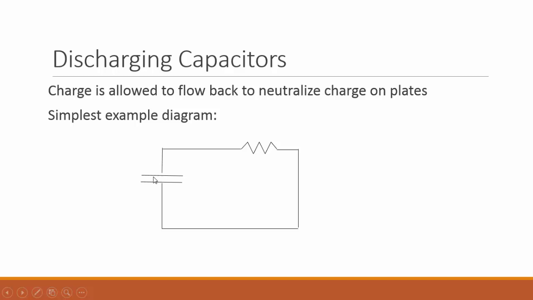In this case, we'll have some initial charge that we've put on the capacitor, and the capacitor wants to dump that charge back onto the other plate. The positives want to go to where the negatives are and vice versa. And so current is going to flow back around from one side of the capacitor into the other side, back to where it'd like to be. And we'll describe that process.